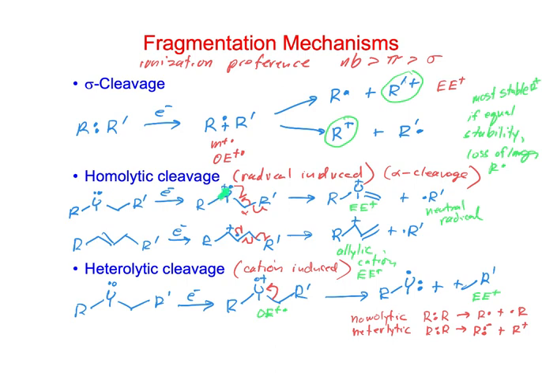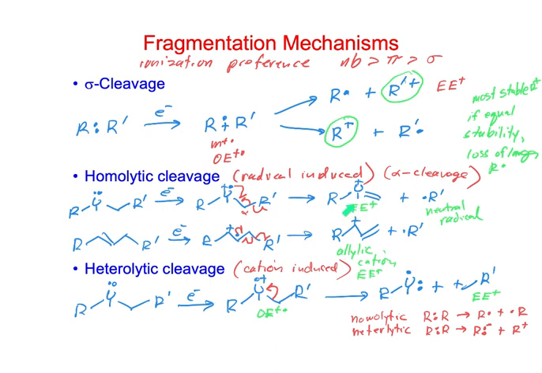The radical goes down, combines with one electron from the adjacent bond, on the other side of this alpha position, and it cleaves that bond to form this alkene. Then we lose this neutral radical over here, and we get this even electron ion as the cation that we can observe.